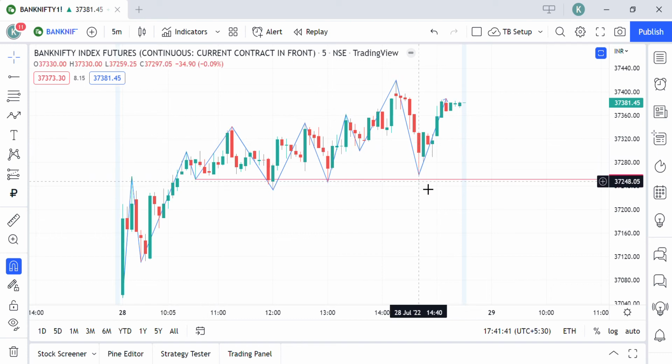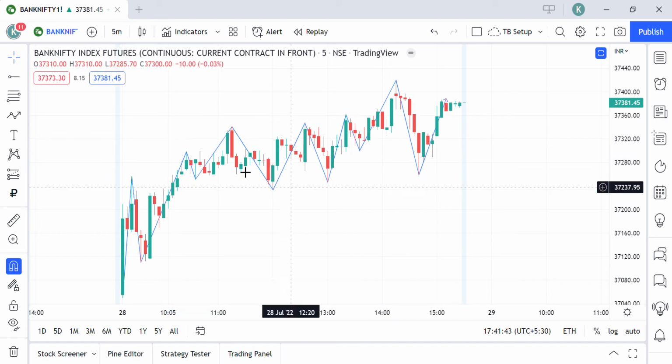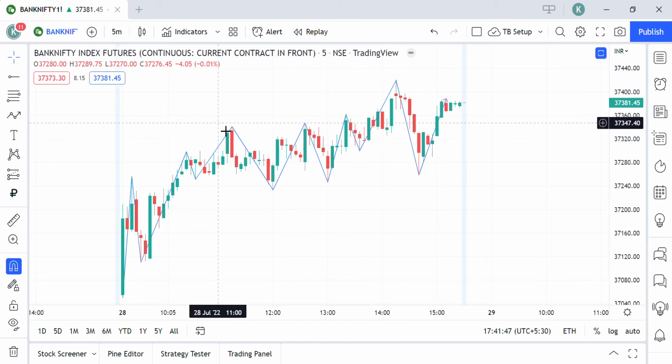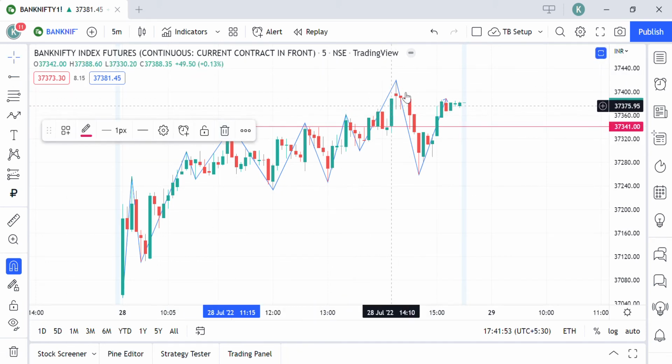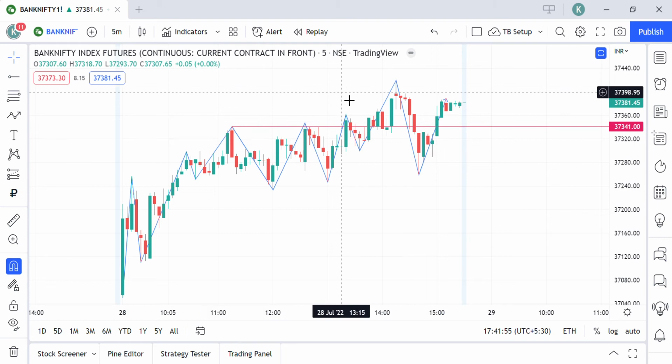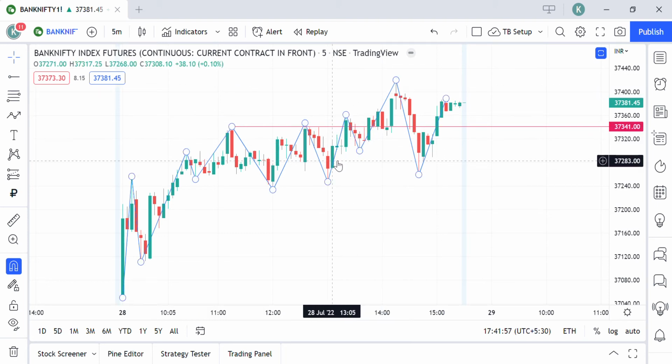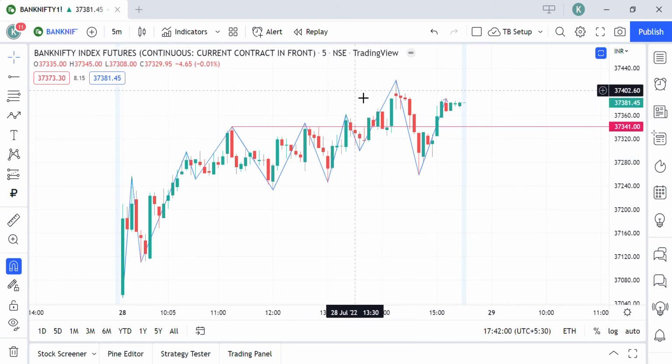Clearly, as the flow shows, the market created an expanding pivot formation, and after multiple pivots like this, the market has finally broken this high and then went up. So this is the point where we can assume that it is not the sellers but the buyers who are in power of this market.